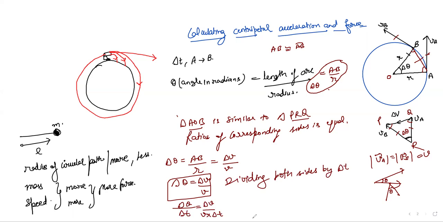This is angular velocity, which we denote by omega. And what is delta V by delta T?